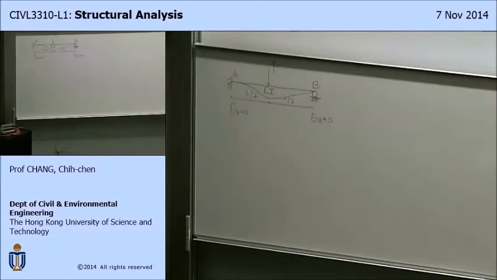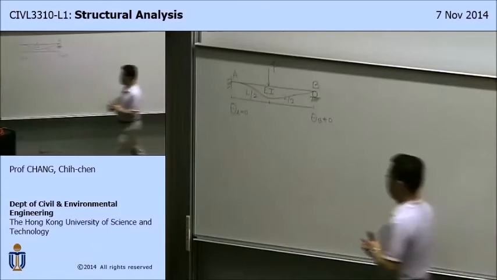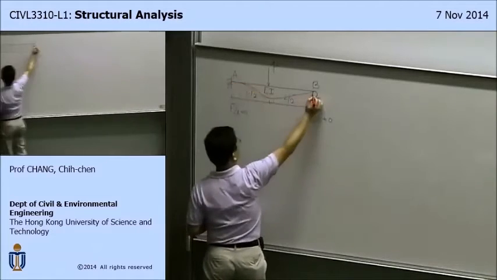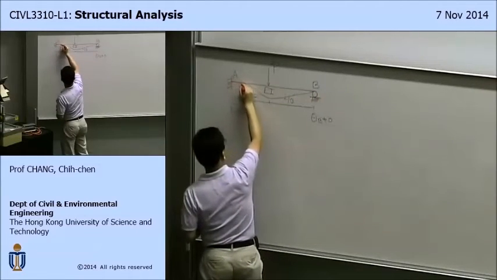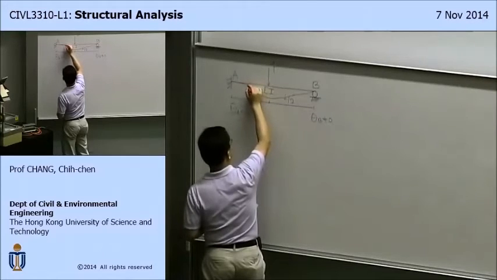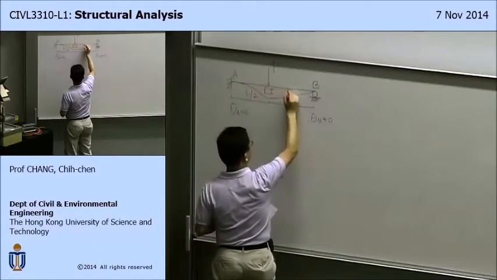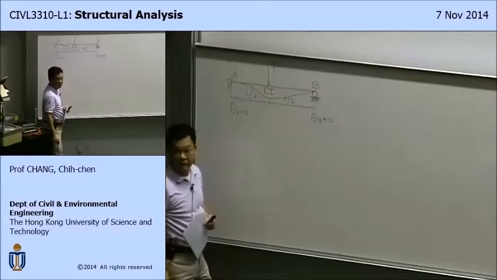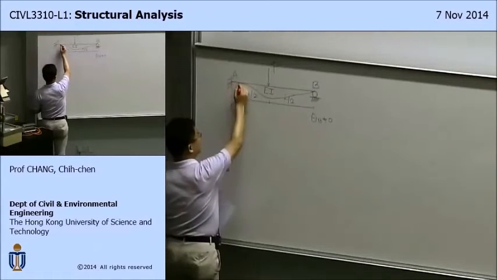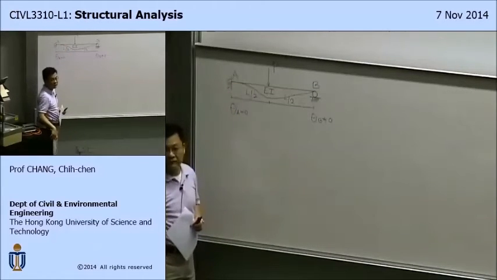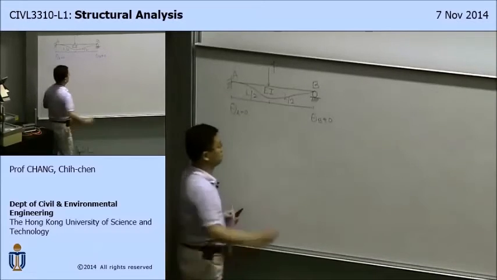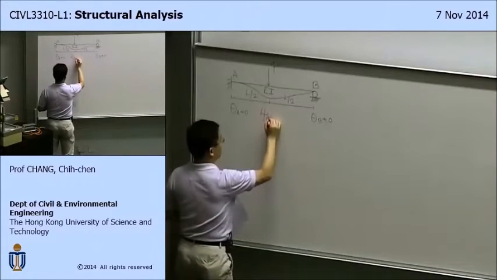You connect the ends of the deformed shape, and then this is called the rigid body rotation angle. So you connect this point and that point. This is the deformed shape. And you know that the rigid body rotation angle is equal to 0.